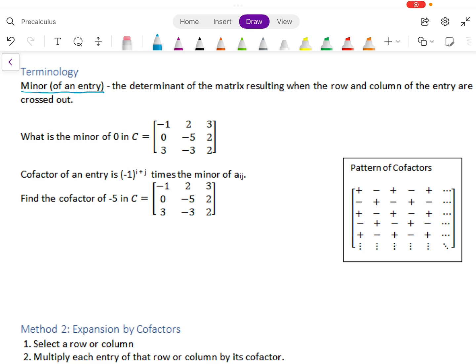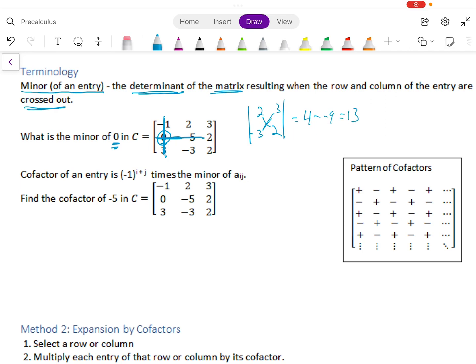What is the minor of 0? So what we're going to do is find 0, and we cross out the row and column that 0 is in, and we're left with 2, 3, negative 3, 2. So we want the determinant of this. 4 minus negative 9 is 13.